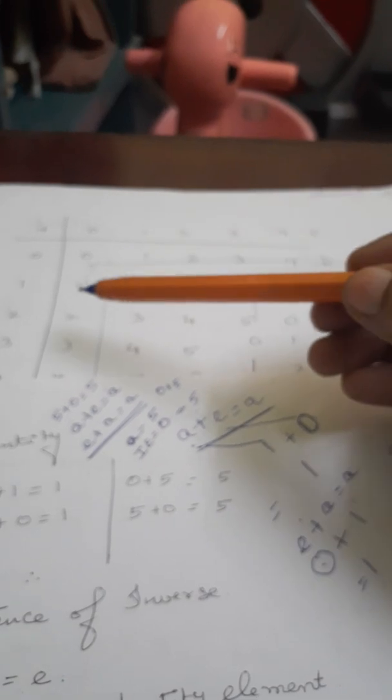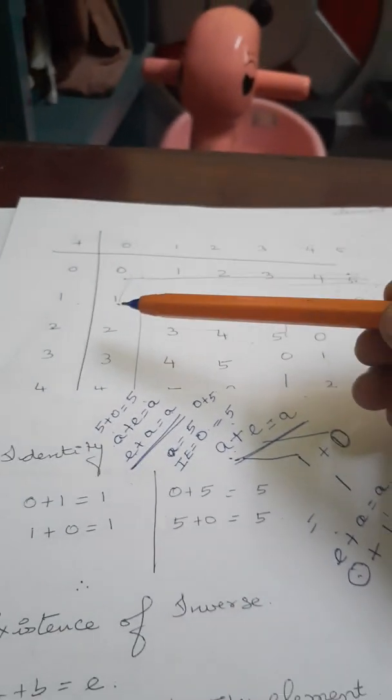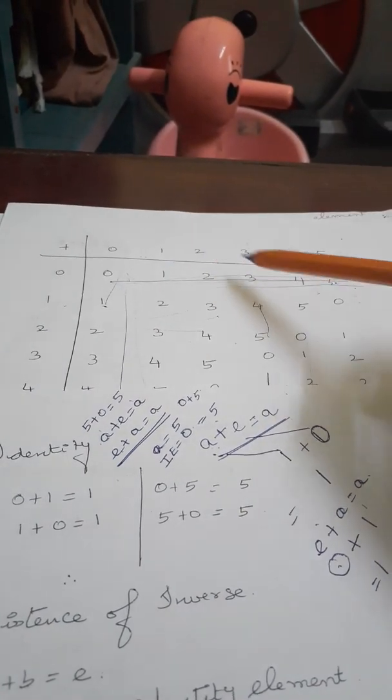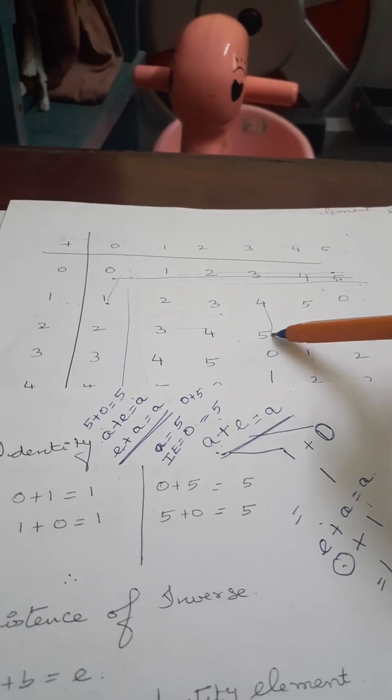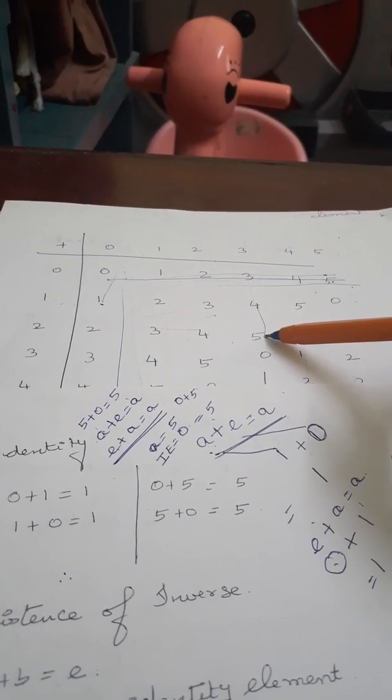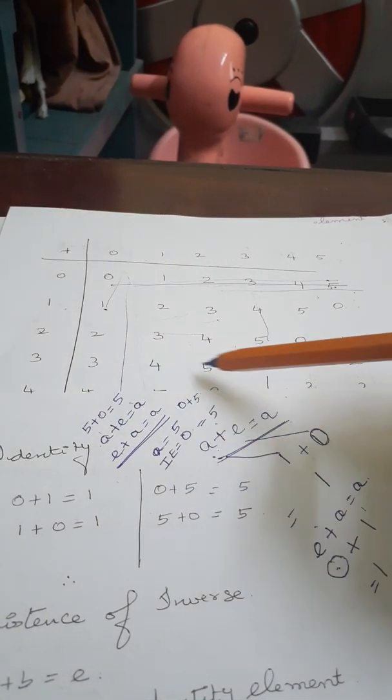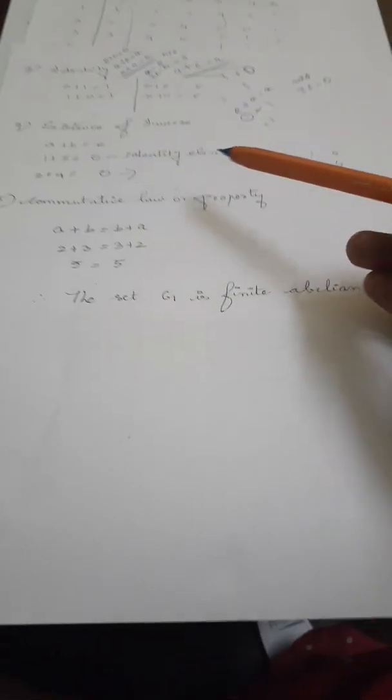The table is clear for you all, right? 2 plus 3 is 5. Next, 3 plus 2. 3 plus 2 is 5. So LHS is equal to RHS. So I can say this set is a finite abelian group.